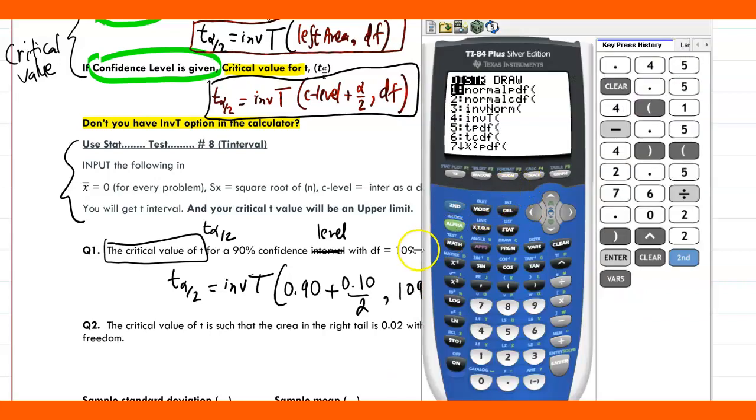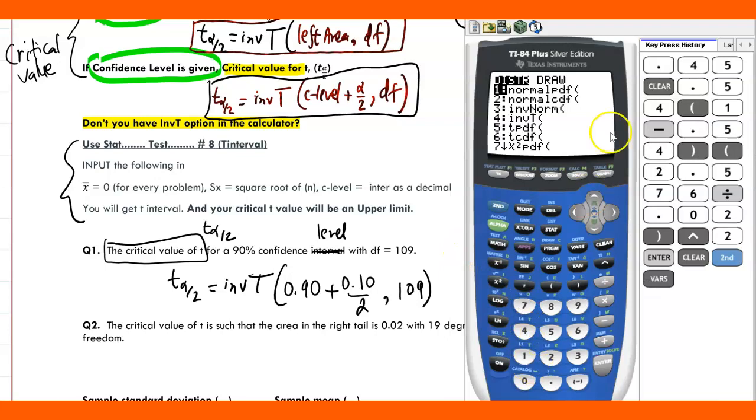I can put it all at the same time like this. Watch again, how do you find it? You go to second VARS, number 4, which is invT. Now start the parenthesis.